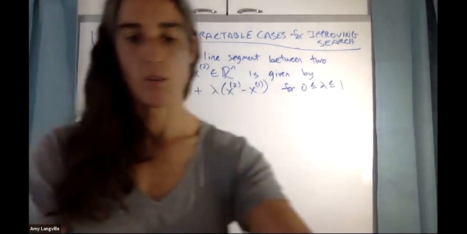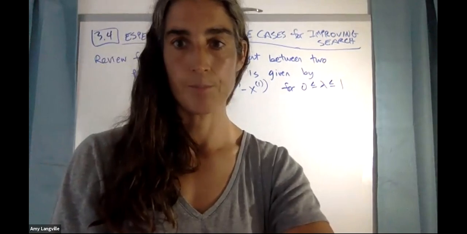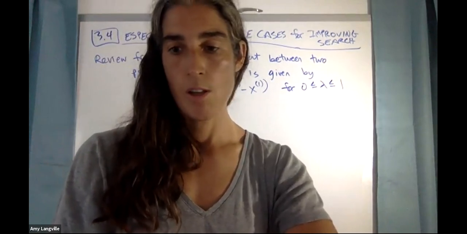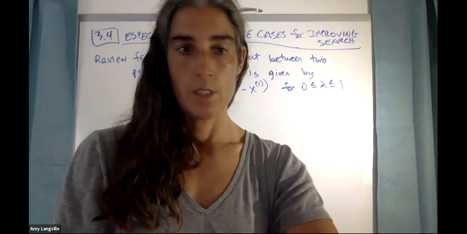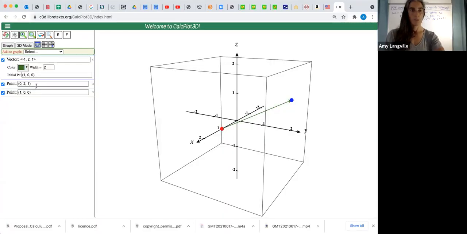So we can look at this in CalcPlot3D, just to share the screen and show. Okay, so I entered a couple points. Here's a point I just made up, 1, 0, 0, that we want to start with. This one is in red here.